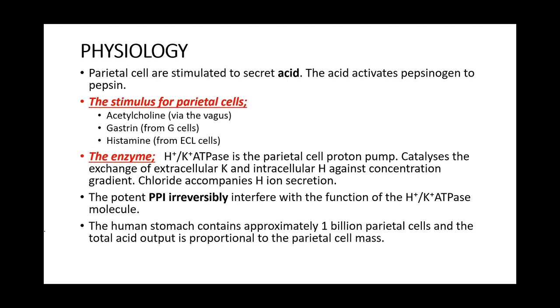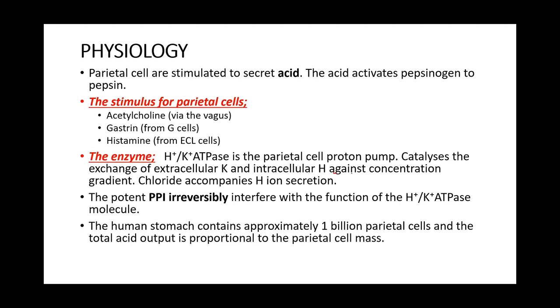When they are stimulated, how do they produce acid? They require an enzyme called hydrogen potassium ATPase. It is called the proton pump. It is the parietal cell proton pump. And what does it do? It catalyzes the exchange of extracellular potassium and intracellular hydrogen.